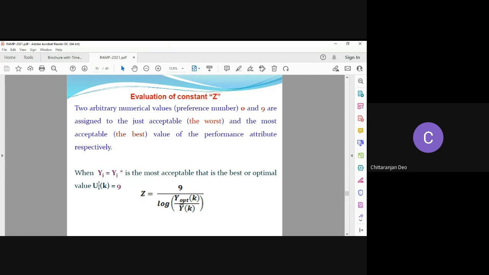So when yj equal to yj prime is the most acceptable, that is the best optimal value, so we take this value as 9.